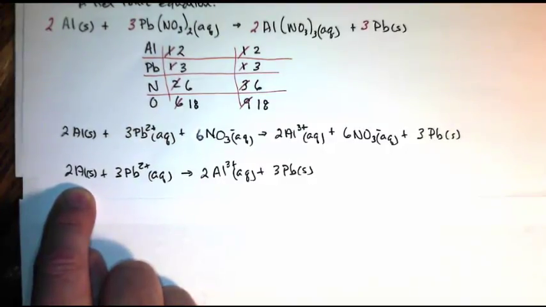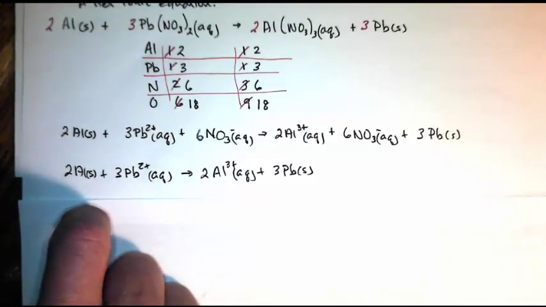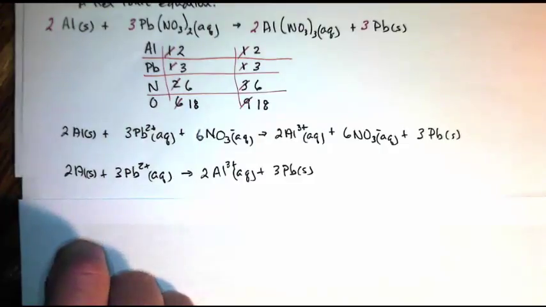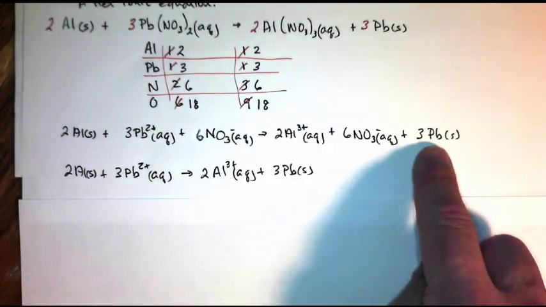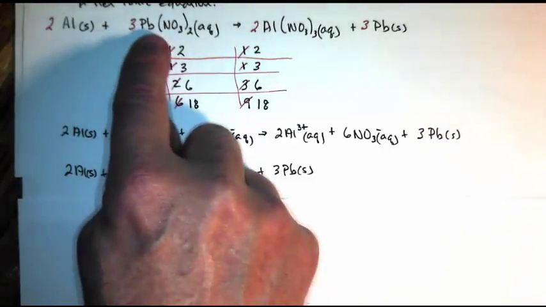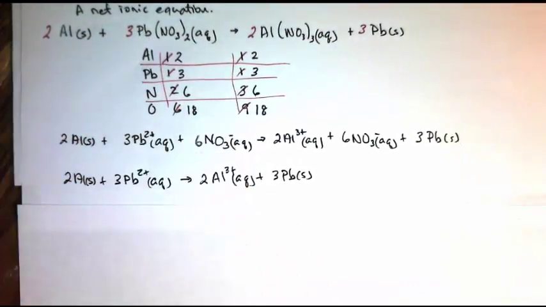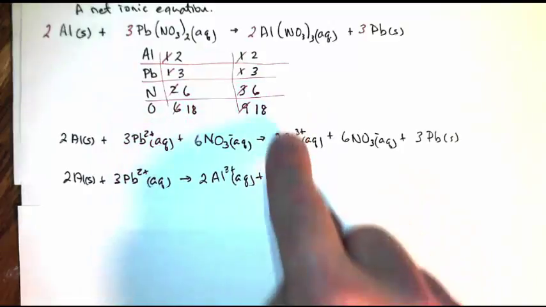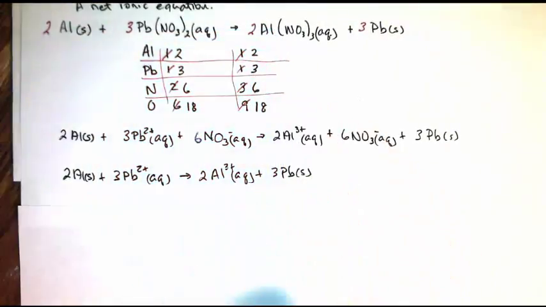Then why is lead charged? An element by itself has no charge. This lead is actually charged because it came from this compound. This aluminum is charged here because it came from that compound.